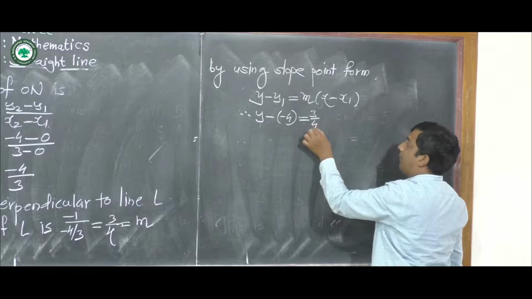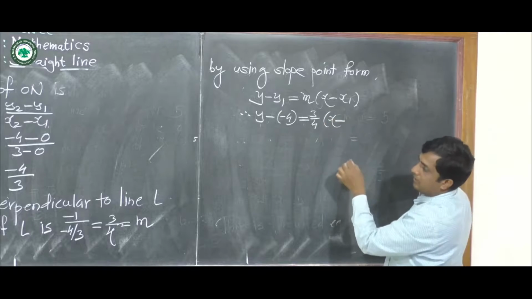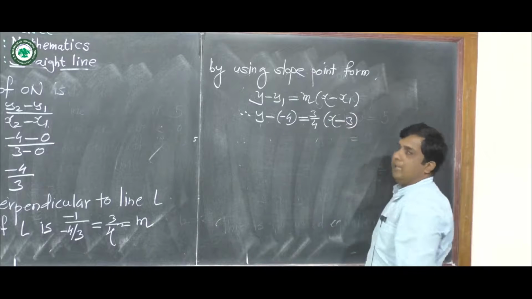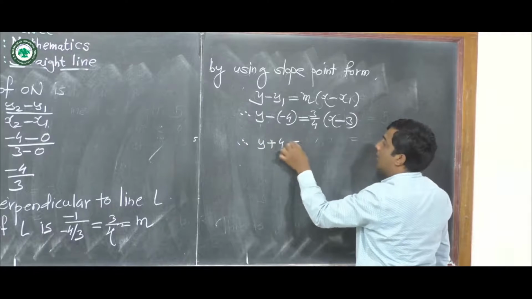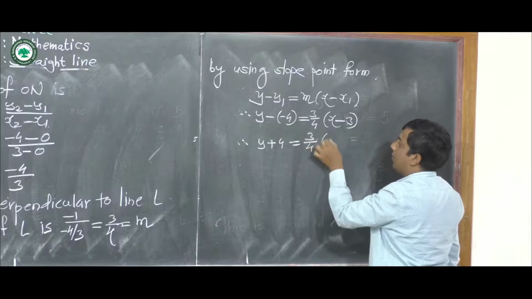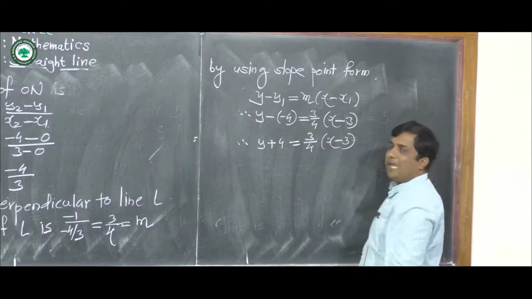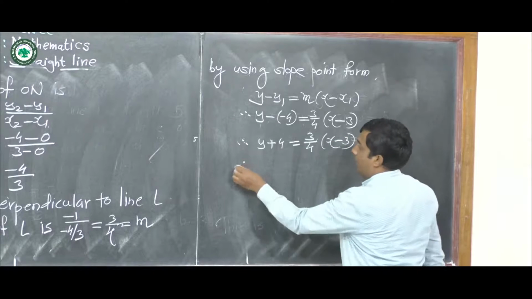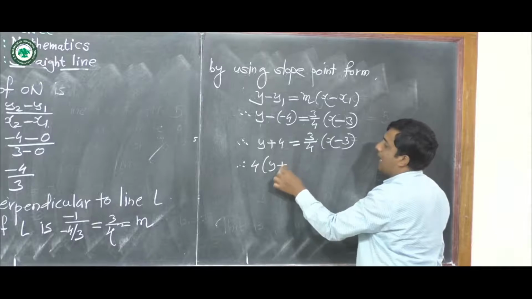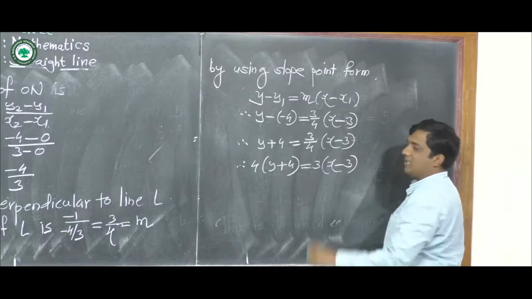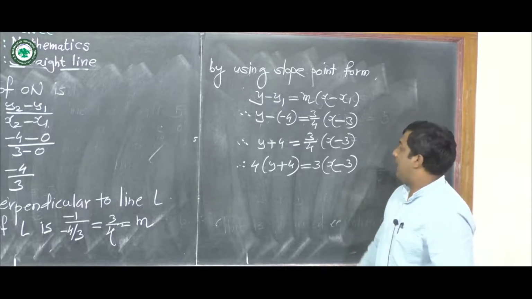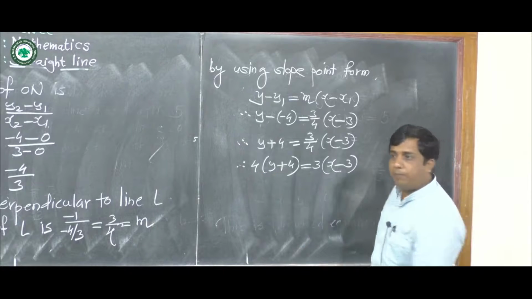So here 3 by 4 into bracket x minus x1 is 3. Therefore, here we get y plus 4 is equal to 3 upon 4 into bracket x minus 3. Then here we get 4 into bracket y plus 4 is equal to 3 into bracket x minus 3. Let's multiply this first bracket by 4.